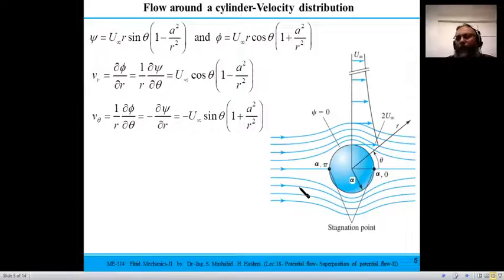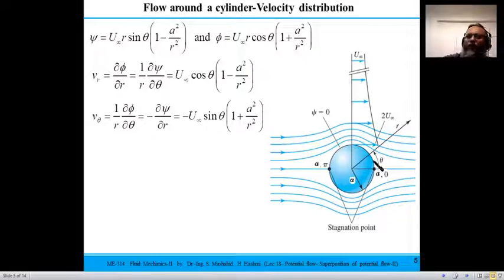Okay, let's look more closely at the distribution of the velocity. As we see, this is the origin, and theta is 0 here. As we move onto the surface of the cylinder, in this direction theta increases.